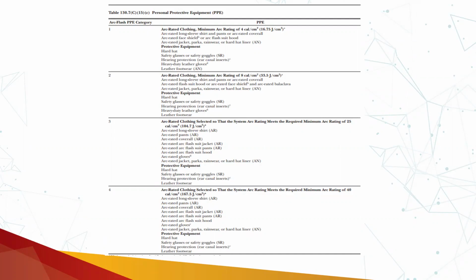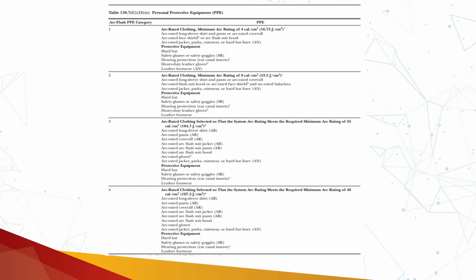So that's why it is always advisable to wear a higher rated personal protective equipment when you are performing the job there. So for 8 calories per centimeter square, a person can wear a 12 calories per centimeter square suit and will be safe to perform that particular job. If it is exactly matching, then there are chances that he will be injured.